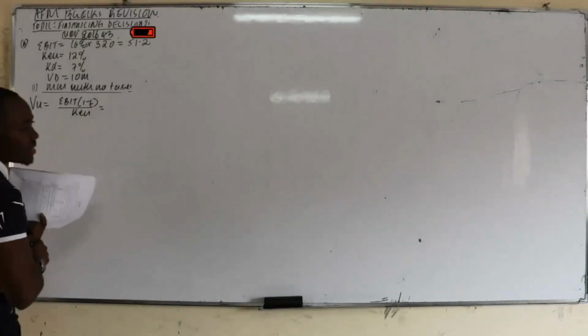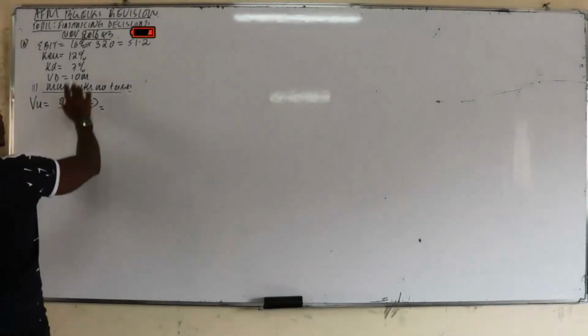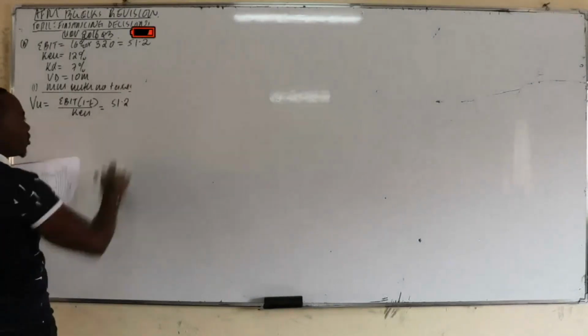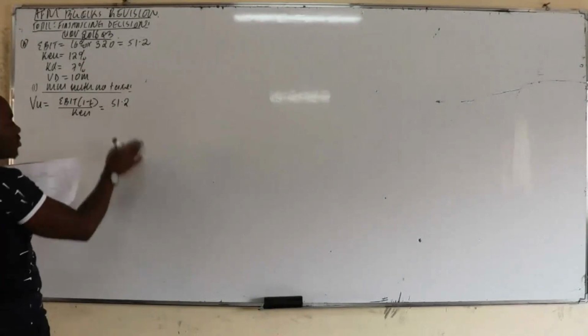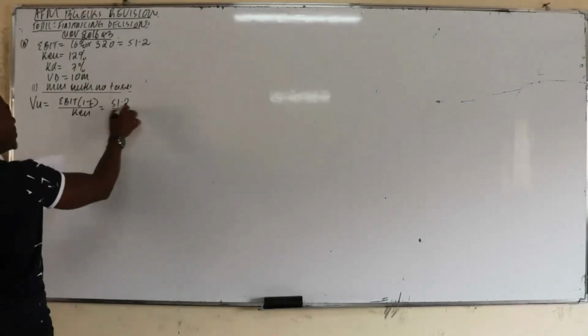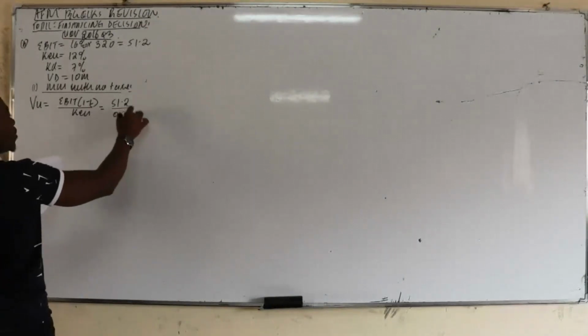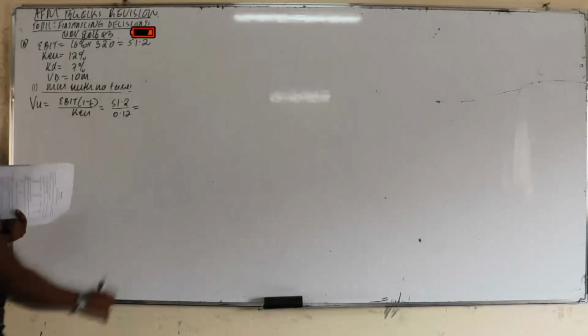But in this case, there is no tax. So EBIT is 51.2. There is no tax, so you can just take 1 minus 0, meant to be 1, divided by the cost of equity of the ungeared firm, which is 12%, 0.12. So how much is the value of the ungeared firm?